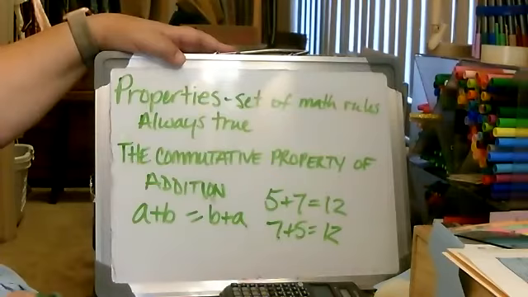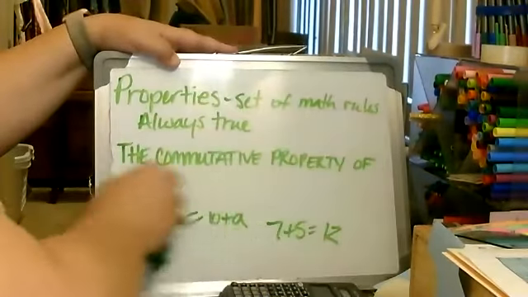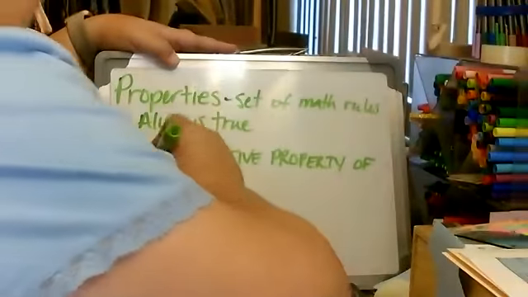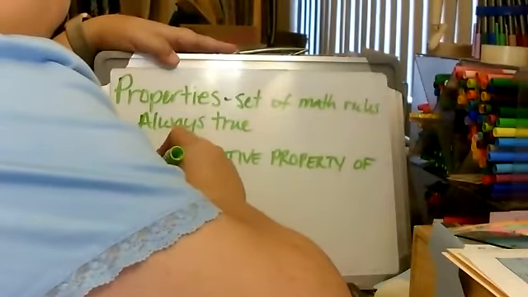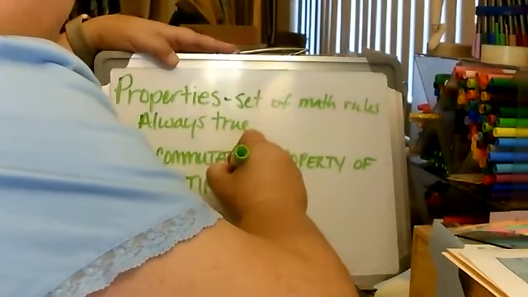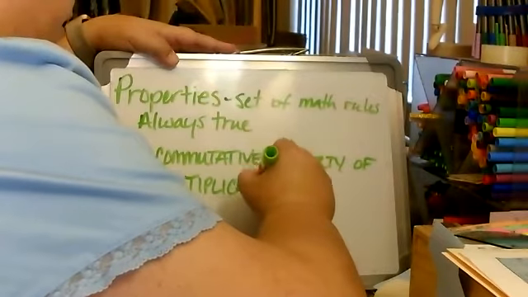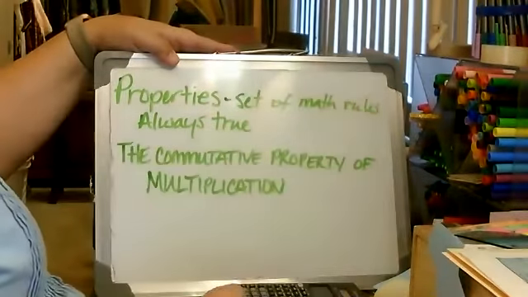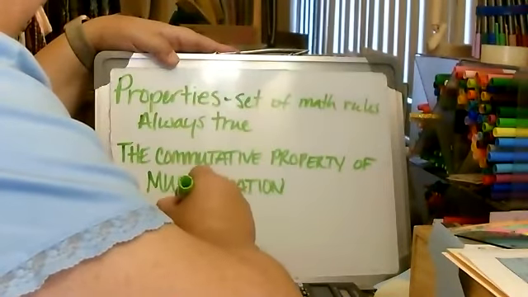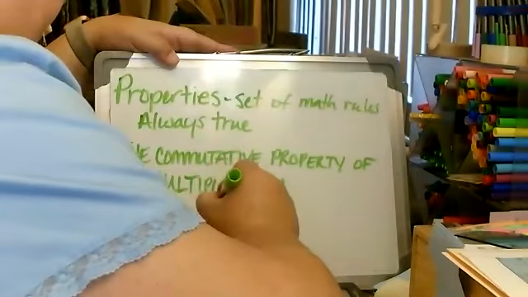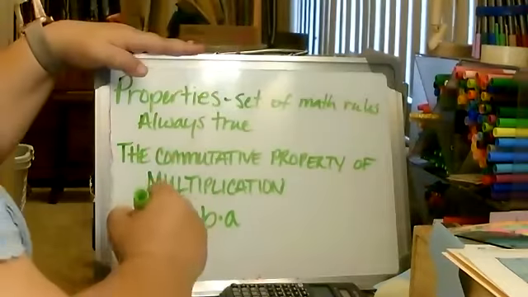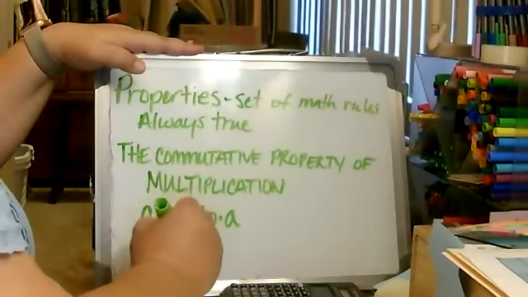Okay, and now we're going to look at the commutative property of multiplication. And it looks like this. A times B is the same as B times A. It can also be written as AB equals BA.